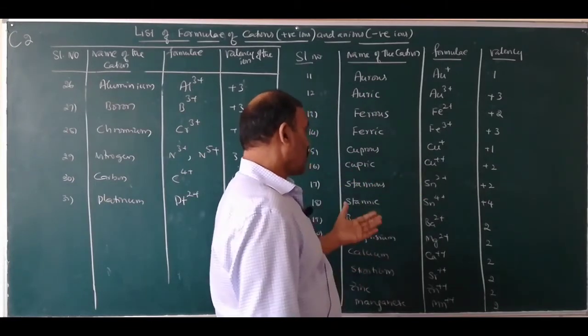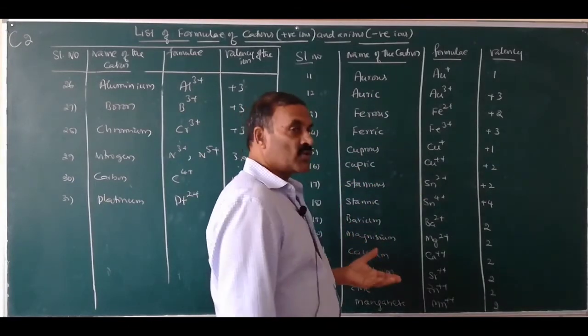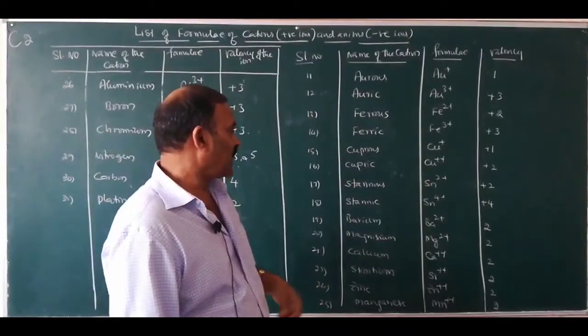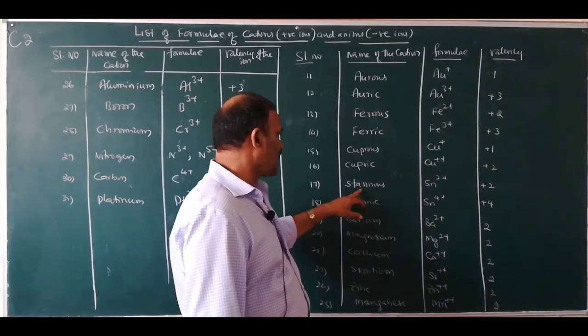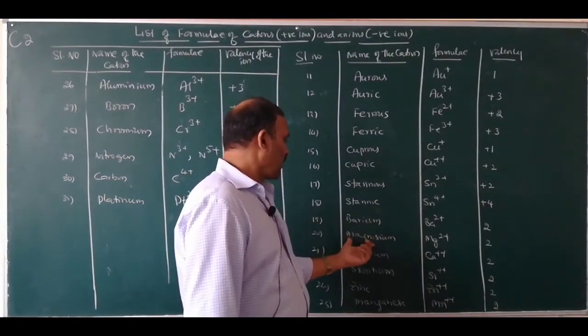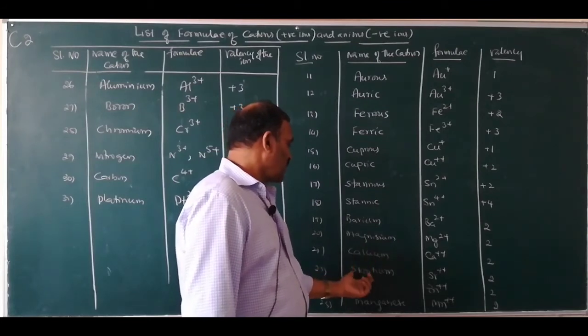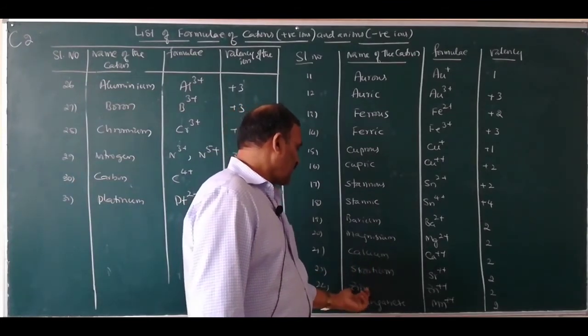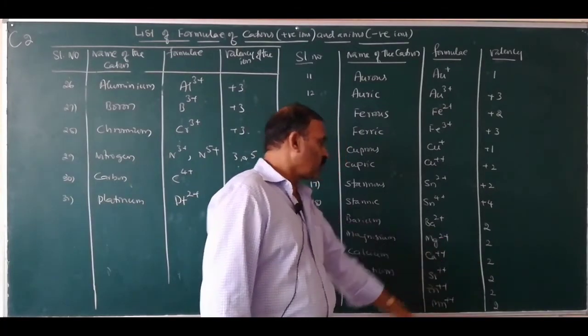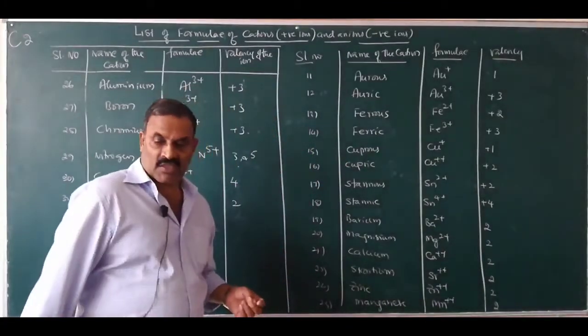How these ions will be produced, I will tell you later while studying inorganic chemistry. Stannous Sn2+, stannic, barium, magnesium, calcium, strontium, zinc, manganese, all the valencies are +2.